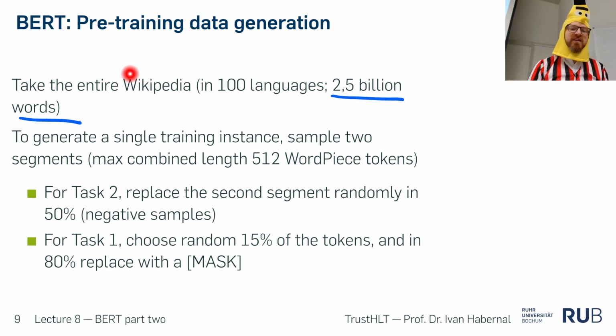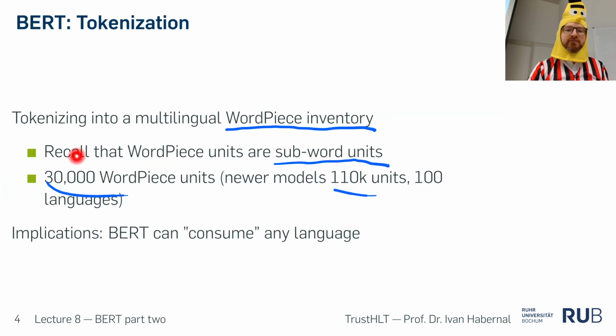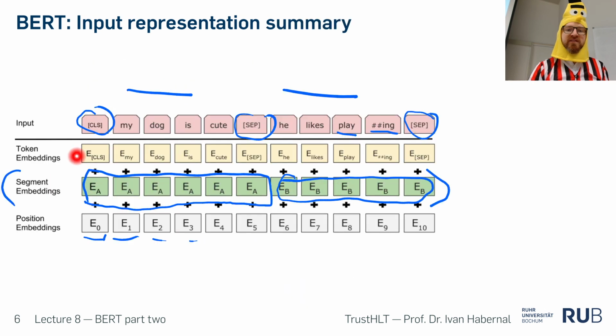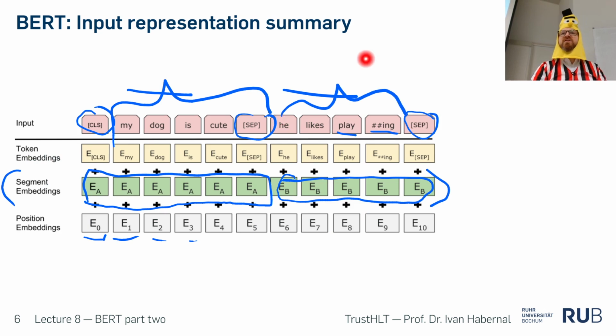So you take the entire Wikipedia, and to generate a single training instance, we first take a page of Wikipedia and sample 2 segments. Here it looks like a beautiful sentence, but in reality this is just a random subset of 200-something tokens from a part of the page, and then the second segment comes afterwards, also random.